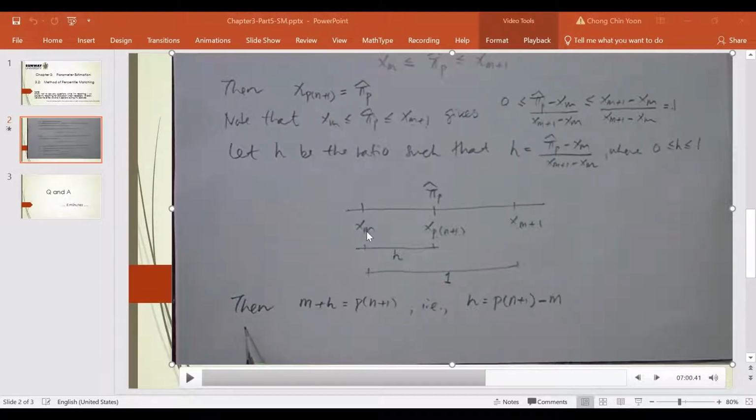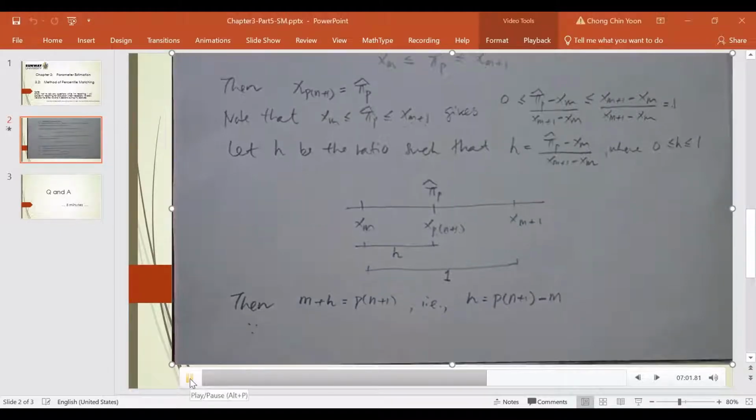M plus h will be equal to p times n plus 1. That is here. So, okay, you have to know how to get this equation. Okay, from here, then we will have the next. I will tell you how to get this later. Okay, why this is equal, I will tell you later.